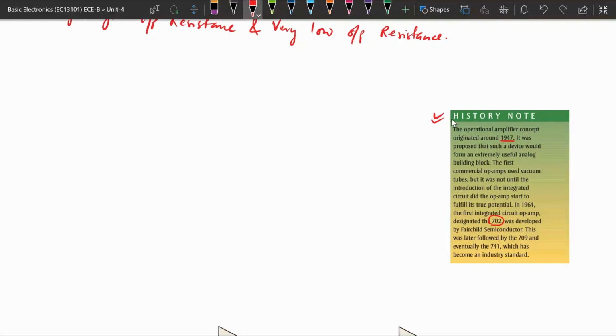IC 741 is the IC for operational amplifiers that is most frequently used in standard industry related applications. Whatever operational amplifier we use, it is basically the IC 741. Even in your practical lab sessions, you might have gone with the IC 741. So this will be the IC for operational amplifiers.